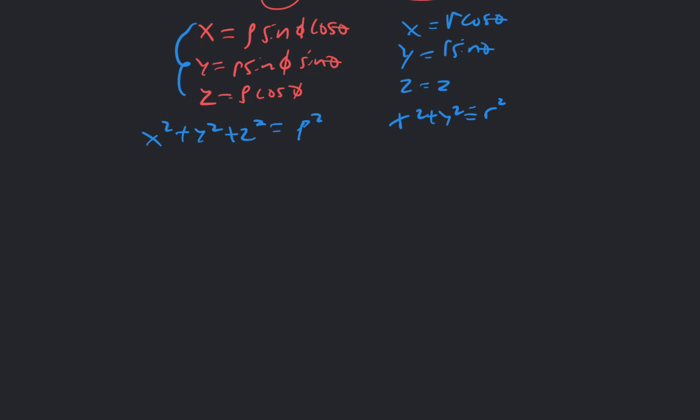In Cartesian coordinates, you have x unit, y unit, z unit, or if you're a mathematician, you'll have i unit, j unit and k unit.